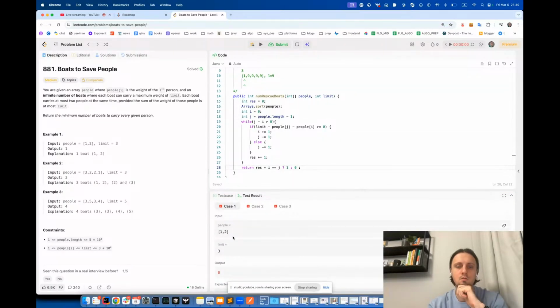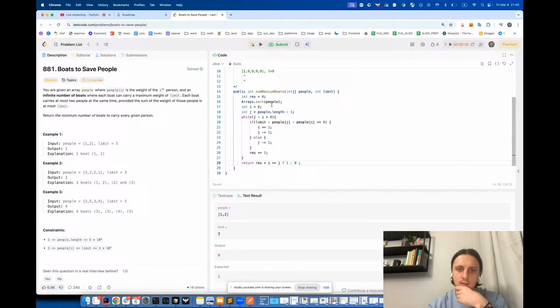Okay, 1 and 2, limit 3, and output 0. So let's check. We have people, we have 2 pointers, j minus i should be 1.